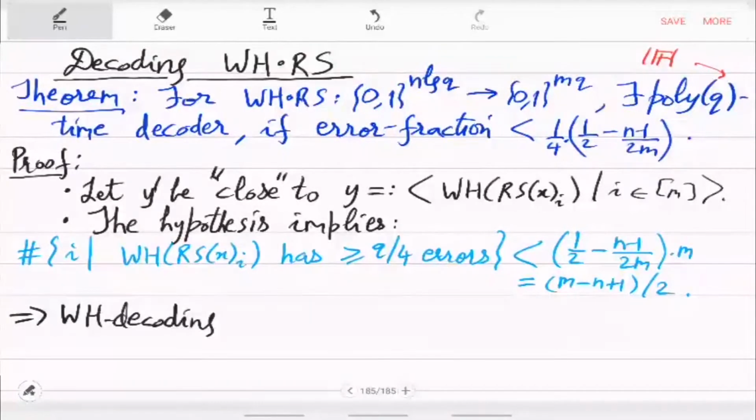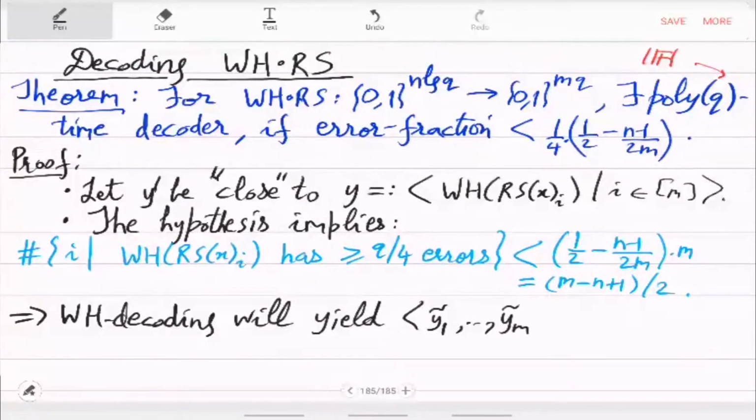Walsh-Hadamard decoding will yield an m tuple, which we will call y tilde, where basically in more than half of the cases yi tilde is correct.